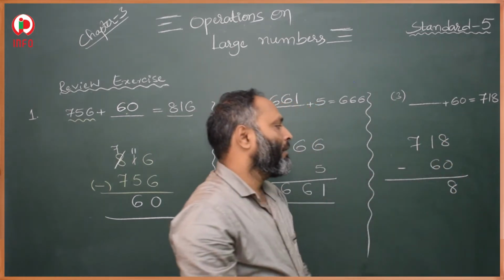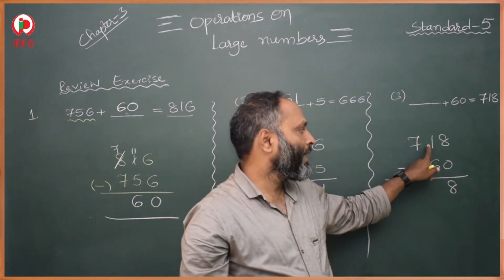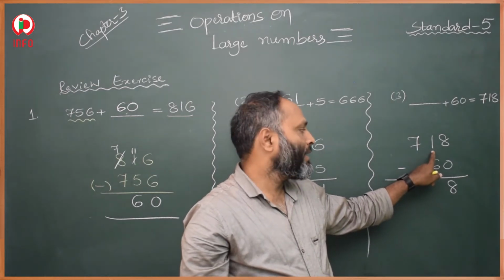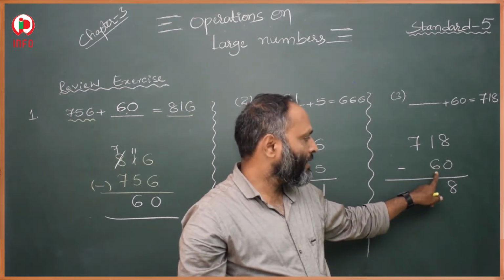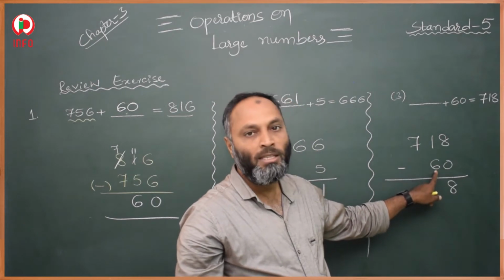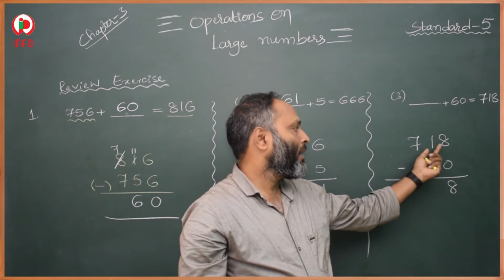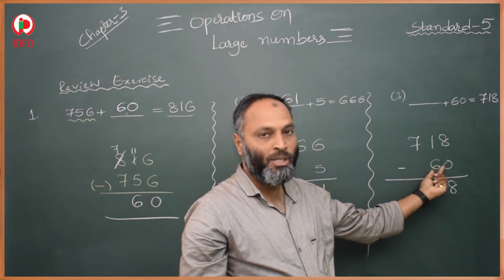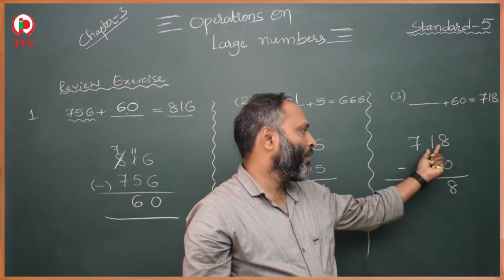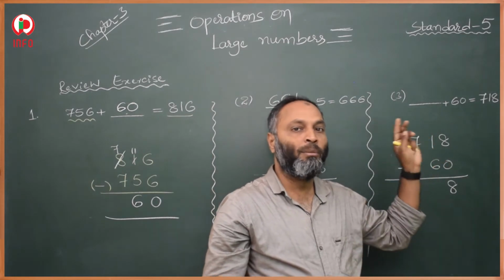Here 8 minus 0 is 8. And the very next digit, the tens digit: here 1 is there, and in the same column, 6 is there.